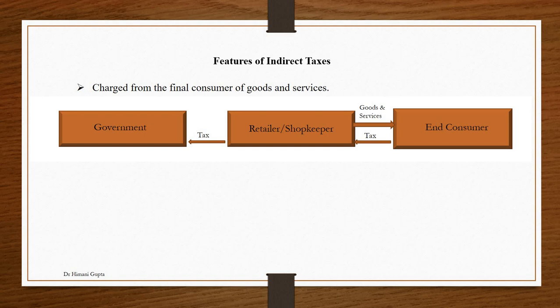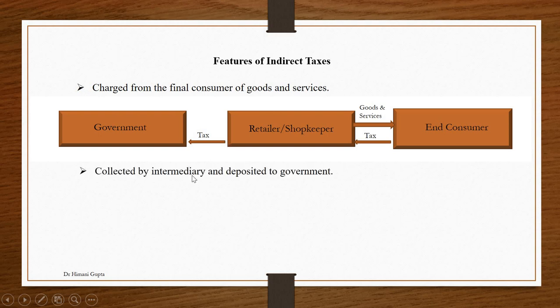And whenever you are selling goods and services to the end consumer, the consumer is going to pay the amount of goods and services plus tax to the shopkeeper, which means the shopkeeper has collected the tax from the end consumer, and then our shopkeeper will deposit the collected tax to the government. So we can say that it is charged from the final consumer of goods and services.